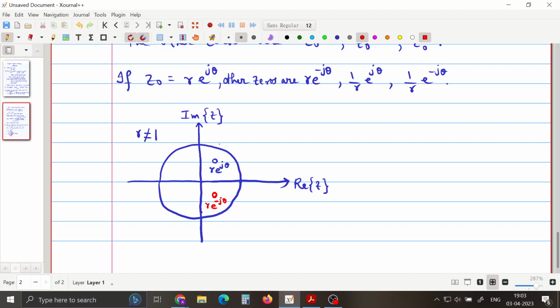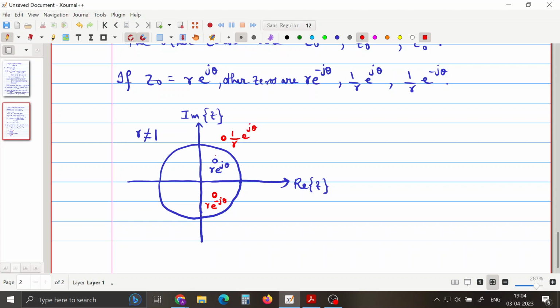So it will have the same phase angle, but its amplitude is 1 by r. Since we have taken r inside the unit circle, r is less than 1, so 1 by r would be greater than 1, right? This 0 will be exactly located at the reflection of the first 0 about the unit circle. So it's somewhere like here, right? So this is 1 by r e power j theta.